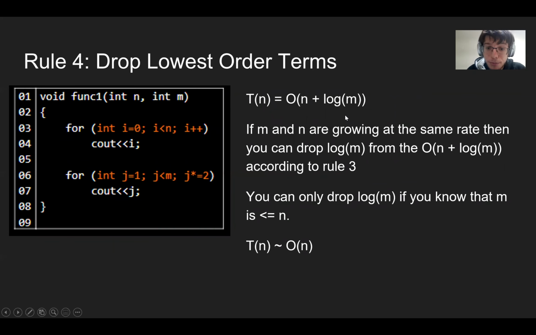Now, dropping the lowest order terms. For this one specifically, this is O(n), because we just loop through all the elements. That takes O(n) time. But for the other one, it's log m, and we know it's log m because we have this j times equals 2. If we think about it, it starts at 1. We go 1, 2, 4 until we get to the number we want, let's say m.